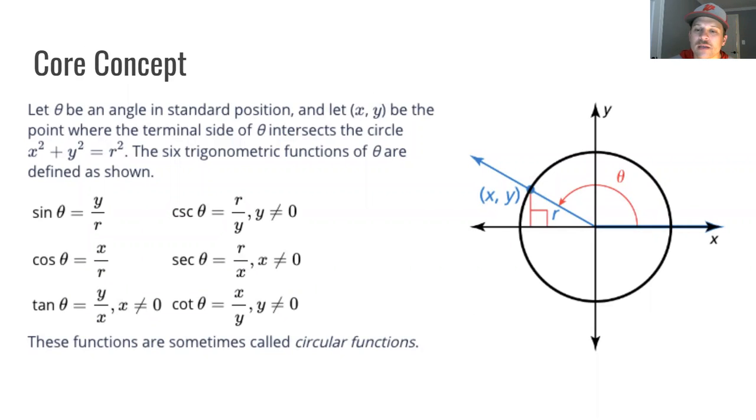So within each circle, you can create any right triangle using the radius as the hypotenuse to match up with your right triangle. So this blue line that is going to this unknown point (x, y), the distance from the origin to the point on the circle is known as the radius, and theta is known as your angle of reference.